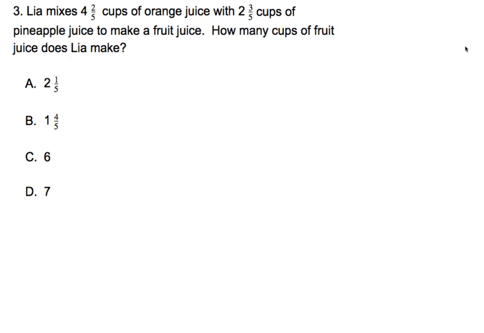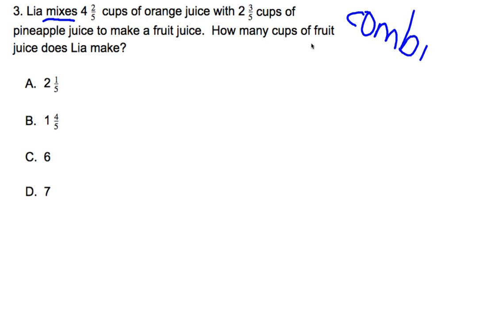Number 3. Leah mixes 4 2/5 cups of orange juice with 2 3/5 cups of pineapple juice to make a fruit juice. How many cups of fruit juice does Leah make? Well, she is mixing, so it seems like she's combining, right?